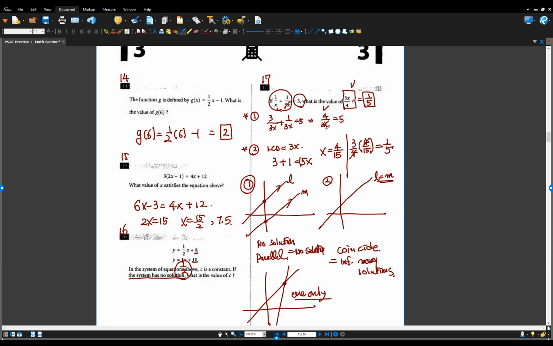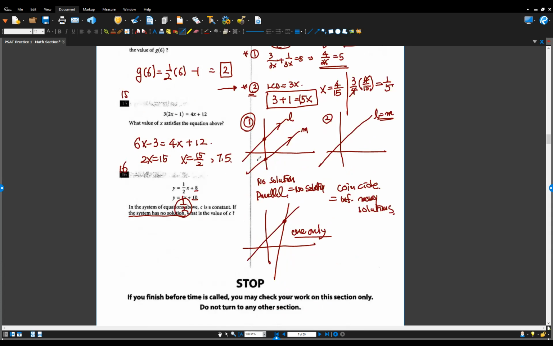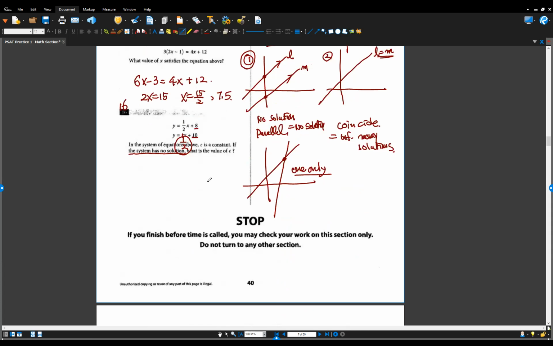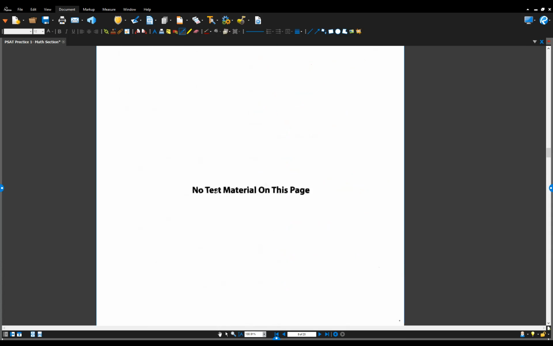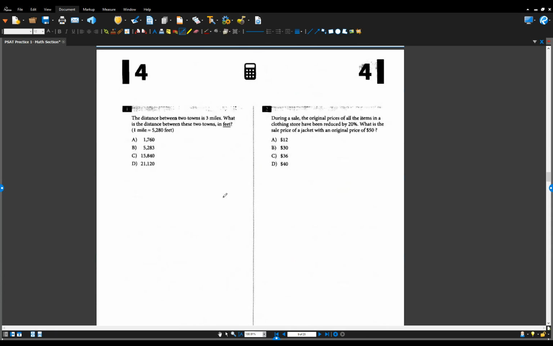In this case, both are okay, but this is not bad. Usually we go this way. We multiply by the LCD to make it integer types. There's no fraction over here. All right, any questions on this section 3? Okay, now we go on to section 4 here.